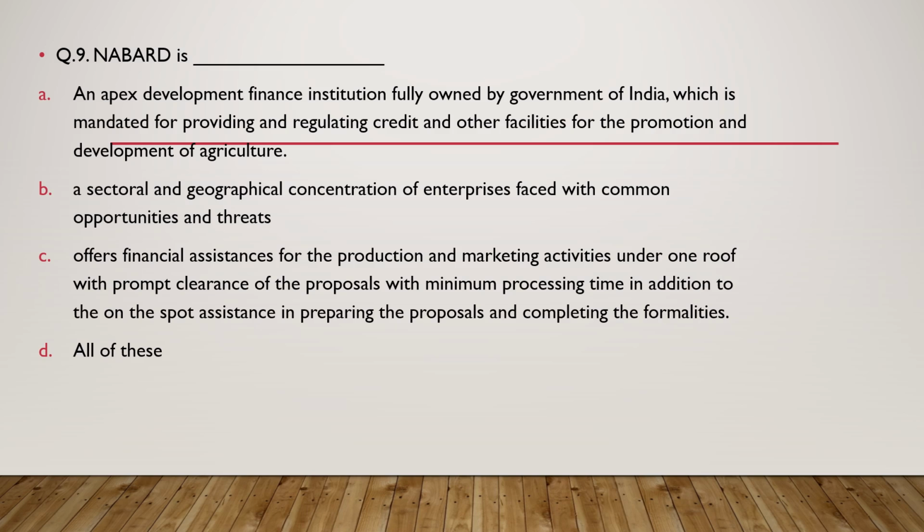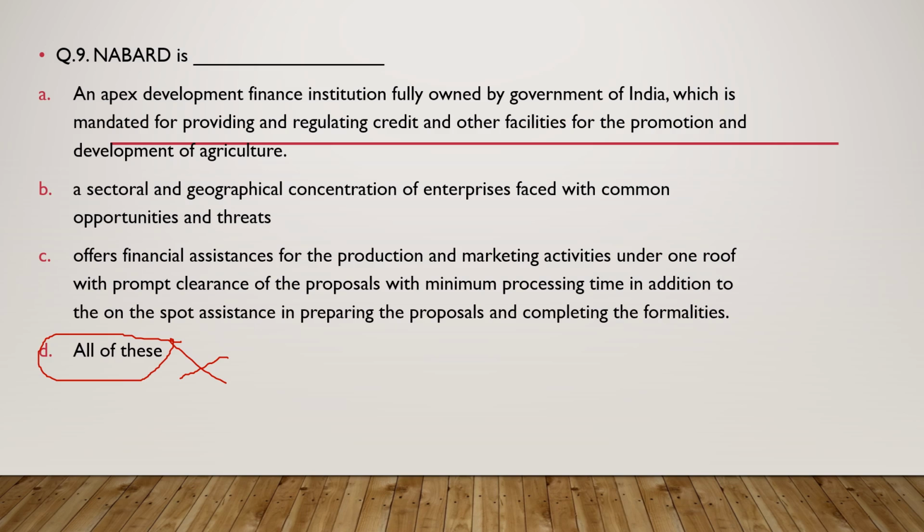So 99% of the time, if there is a question with an "all of these" option, students tick all of these without thinking, but it is not the good way to answer.